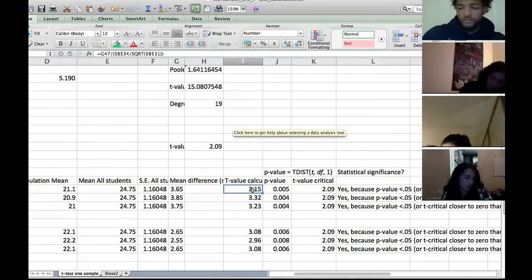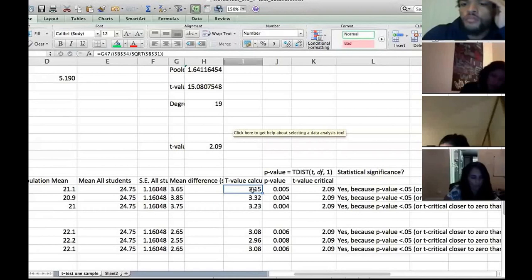If it's far away enough from the middle, we're going to start rejecting the null. If it's close to the middle, but it's not exactly zero, but pretty close, we say they're pretty similar. We're going to retain our null. We're going to say there's no difference.